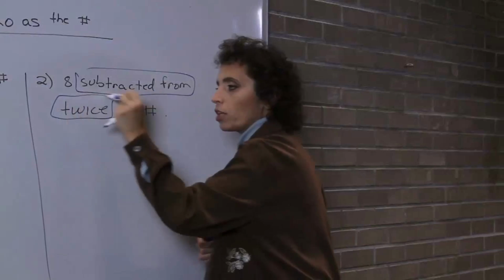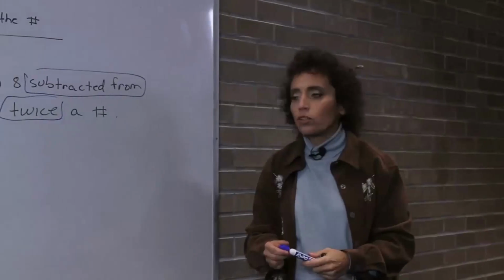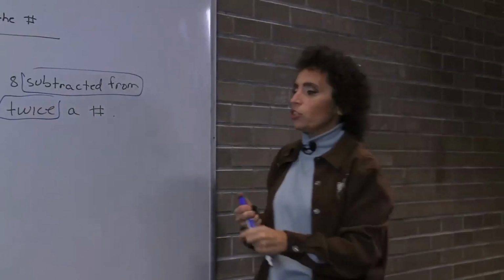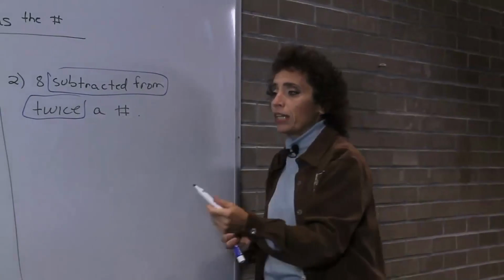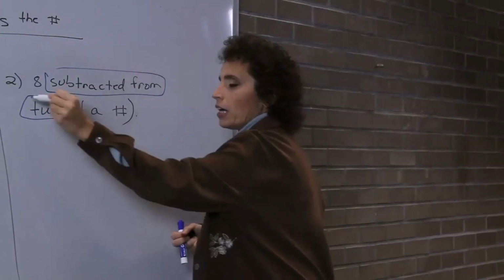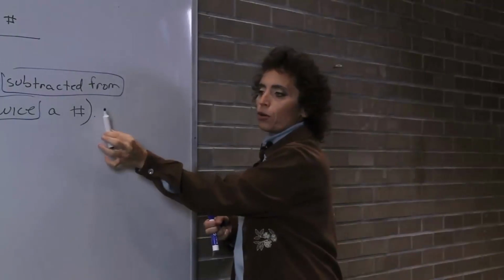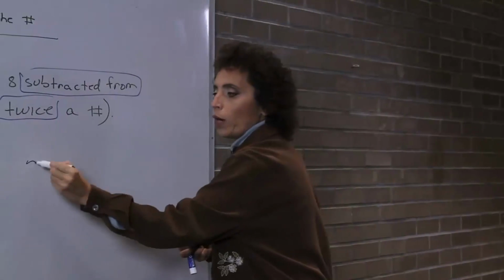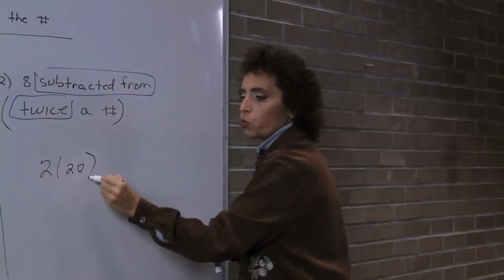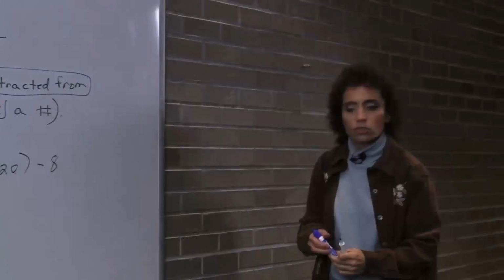And twice we didn't really talk about yet, I don't think. Twice means 2 times, to double something. So, 8 subtracted from twice a number. But here's what you have to remember. We did this yesterday: whatever comes after the word from has to go first. So twice a number. Remember, the number is 20, and you're subtracting 8 from that. So that's the way that looks.